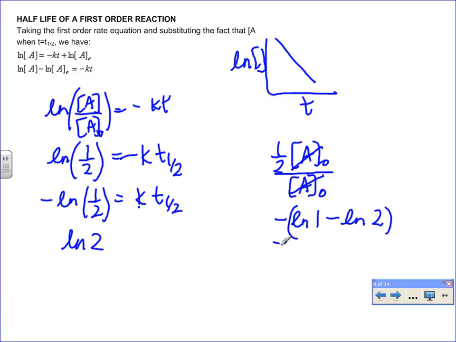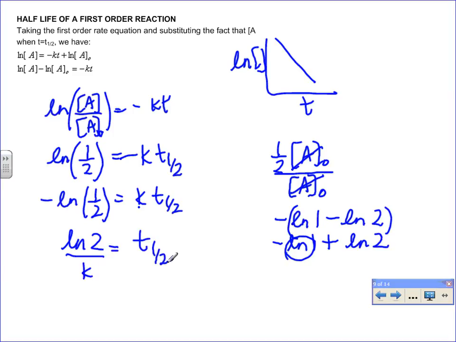So then this is negative ln 1 plus ln 2. And ln of 1 is 0, so we're left with ln 2. And so we've got that relationship, and then I move the k over, and that gives me the T half.